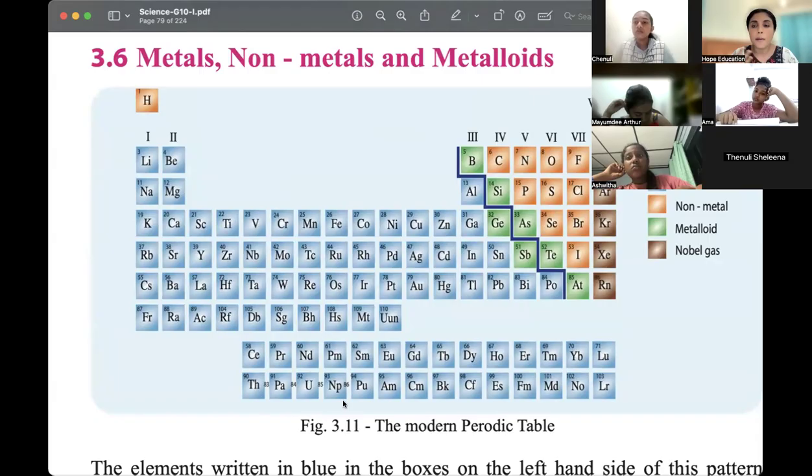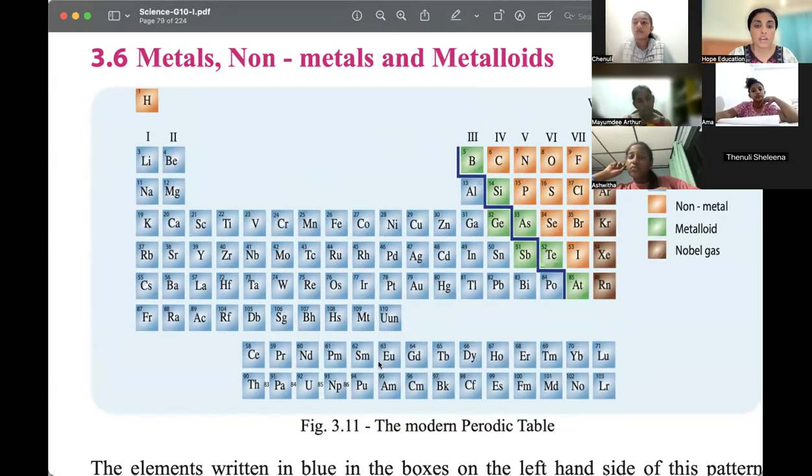Overall there are about 115 elements, and about 80 of them are metals. So in the periodic table, majority of the elements are metals. Non-metals are few. Metalloids are also few. But metals, there's a lot. So that is another thing that you need to know.